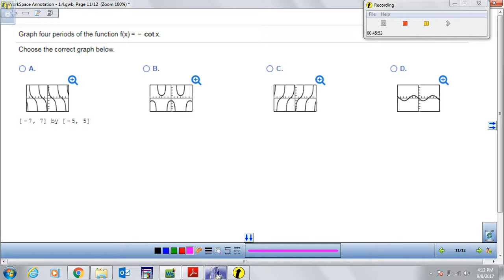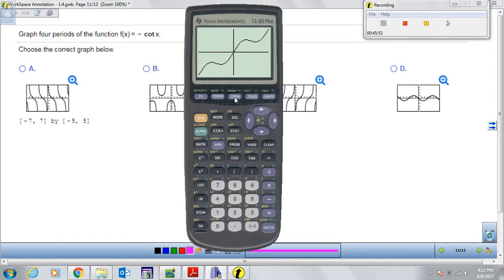For this one, let me change this to factory settings. We graph negative cotangent. Now, keep in mind something: there's no cotangent here, not on this older version calculator. So you need to graph the reciprocal, which is 1 over tangent, and actually negative.